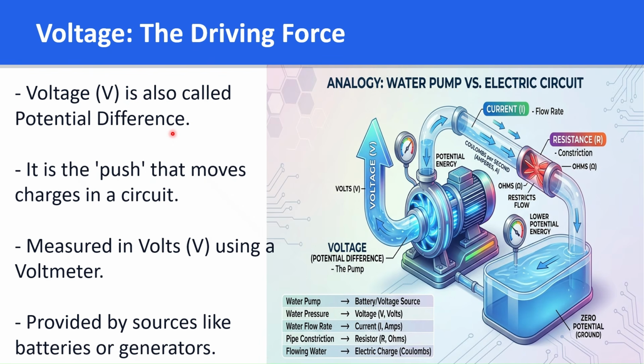Think of it like a water pump in a fountain. Without the pump, the water stays still. In an electrical circuit, the battery provides this potential difference. So what is the other name for voltage? The answer is potential difference.